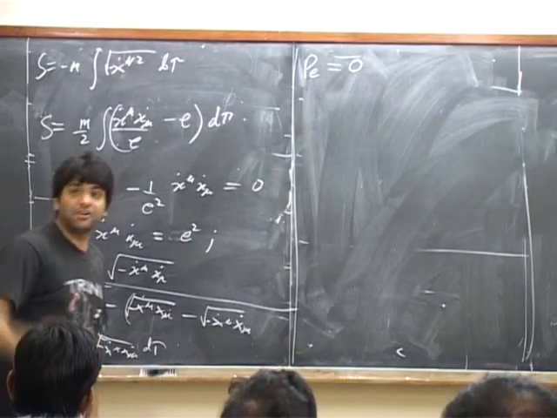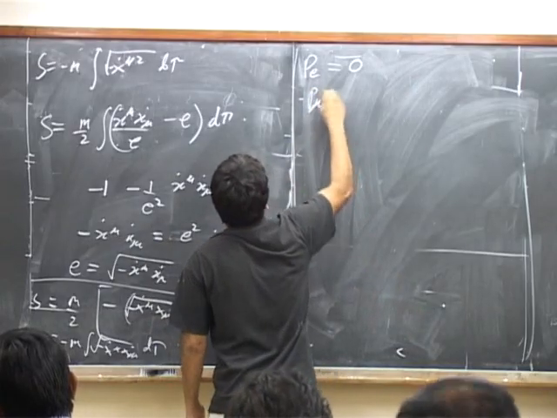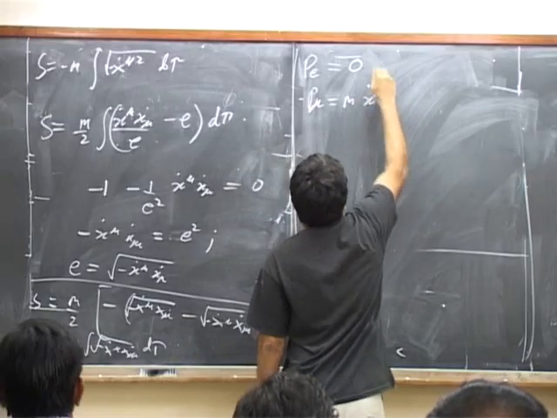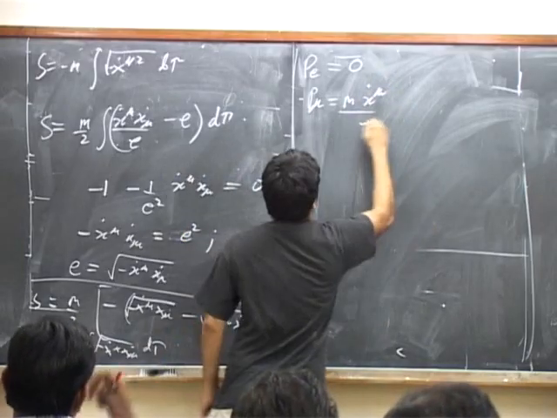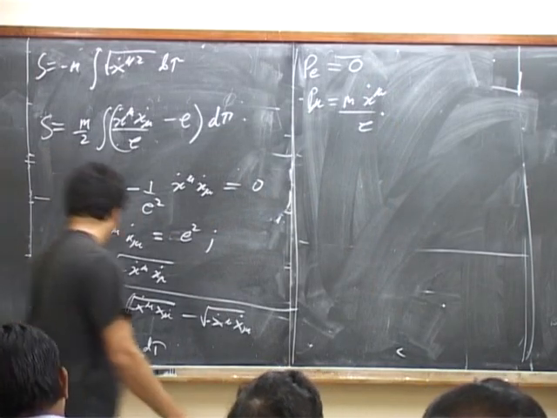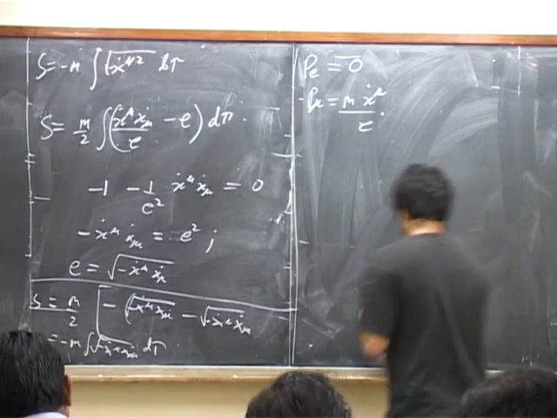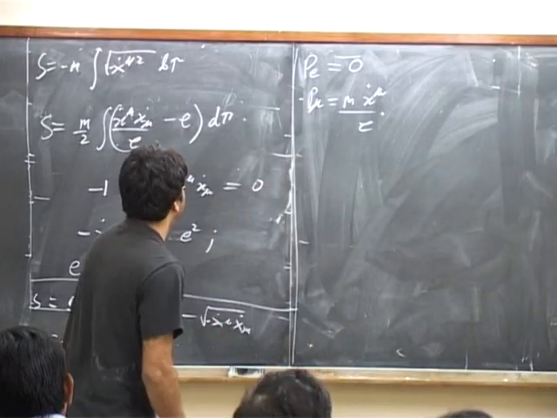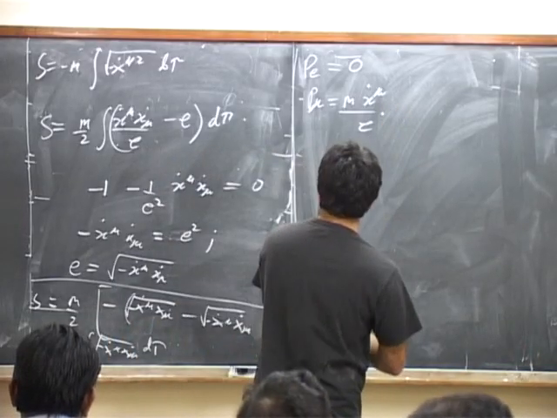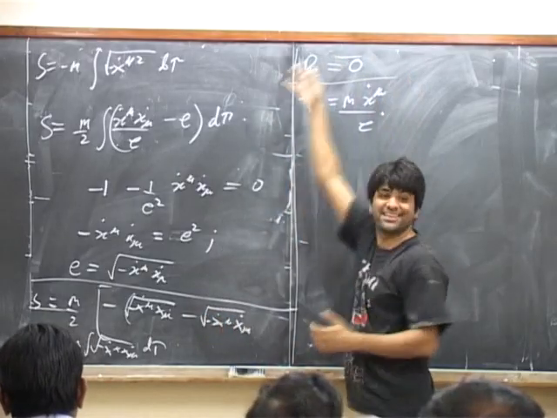What about the canonical momentum relations? Well, p_mu is m x_mu dot by E. Now, this is already a constraint.